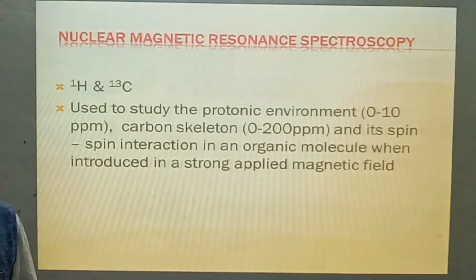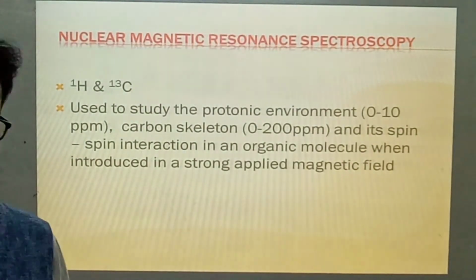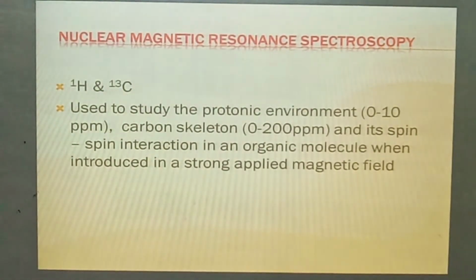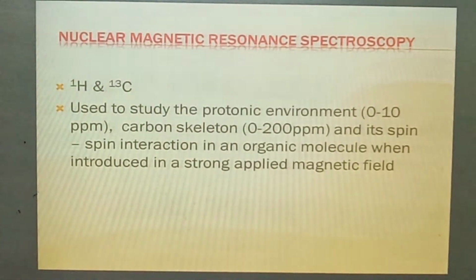There is absorption of radio frequency waves from the magnetic field of induction, making the nucleus undergo spin lattice relaxation and spin relaxation of neighboring protons and carbon atoms.